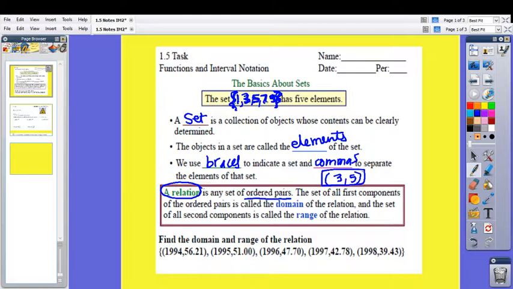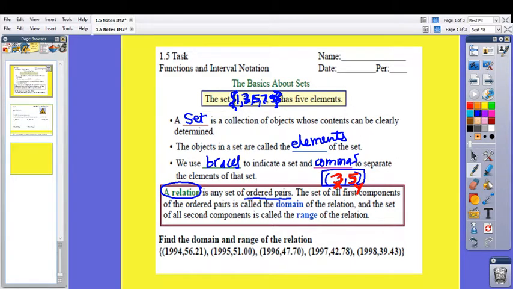The first number or first element in that ordered pair is called the domain. So this is the domain. Generally we also say that it's a variable x. Then the second one in each ordered pair is called the range. Generally we represent it with the variable y. Okay.